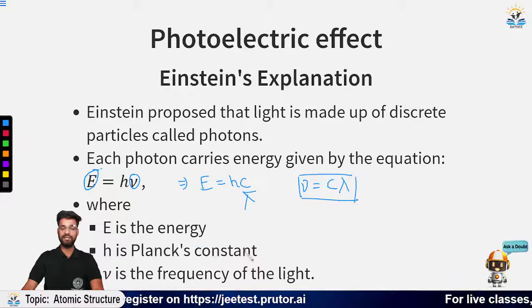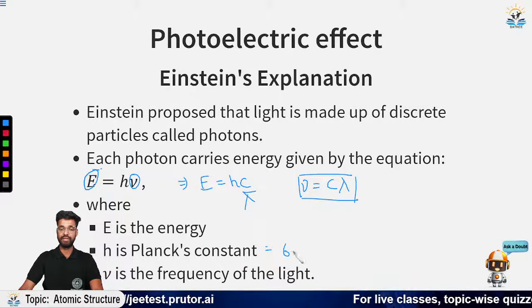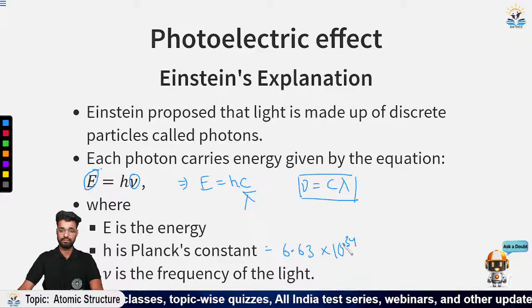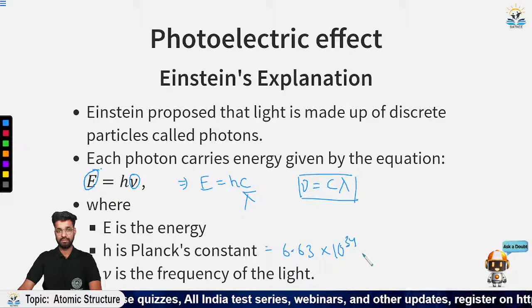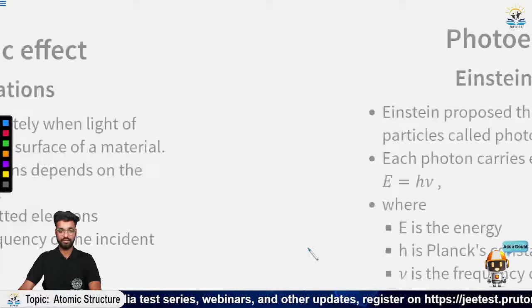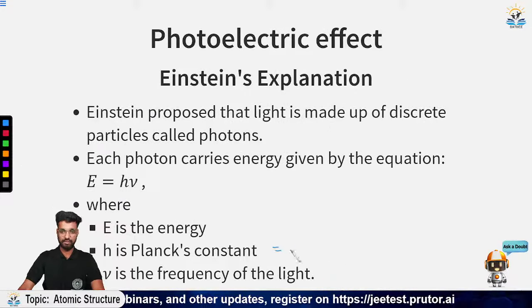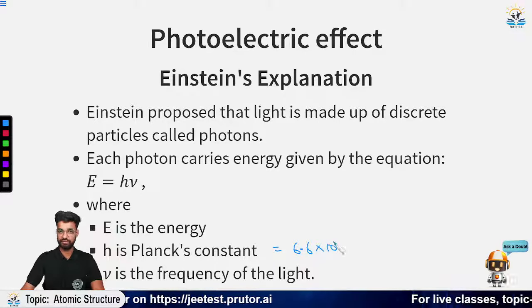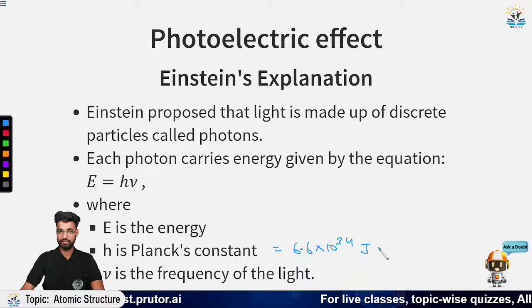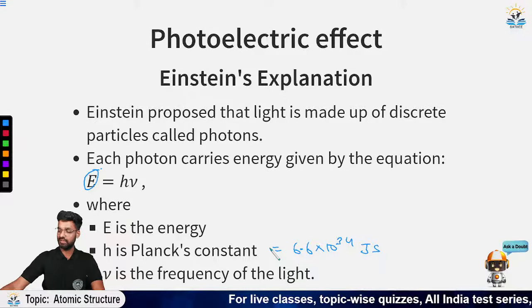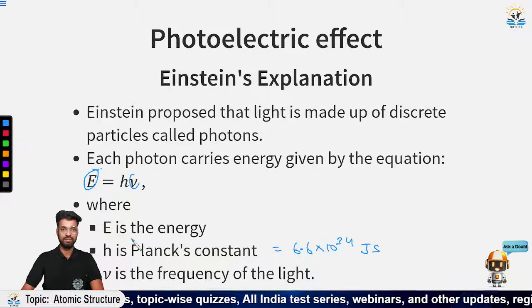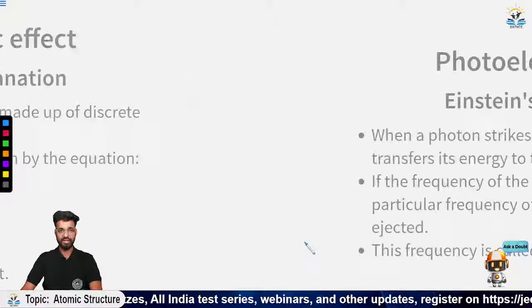What is h here? h is Planck's constant, which is 6.63 times 10 to the power minus 34 joule second. So this is our Planck's constant, then we have the frequency nu, then the energy. So he explained it.